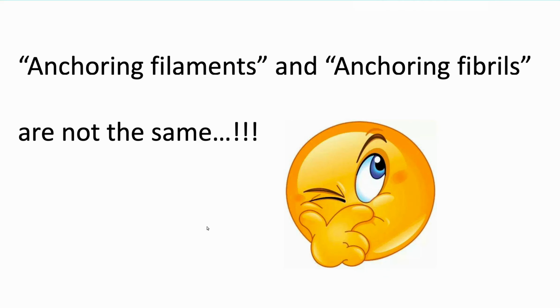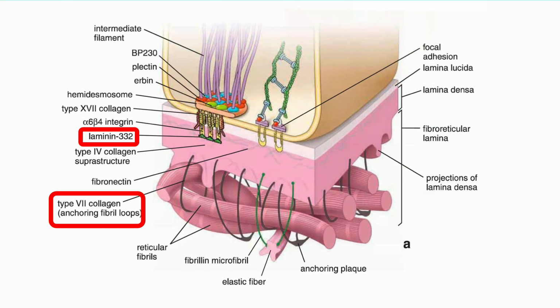One interesting point to note here is that we have mentioned anchoring filaments and we have seen anchoring fibrils. They are not the same, as I mentioned earlier. Anchoring filaments roughly correspond with one of the anchoring junctions, and anchoring fibrils are just a component of one of the anchoring junctions, seen in relation with the hemidesmosomes.